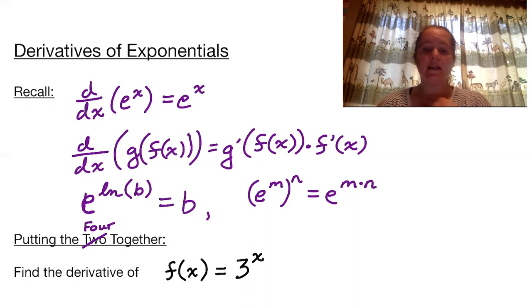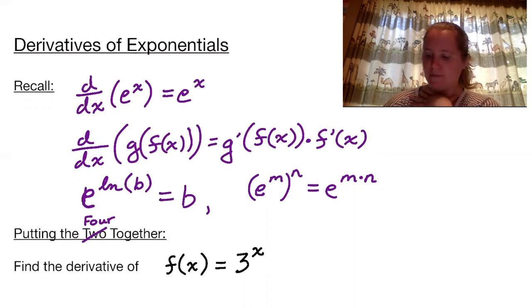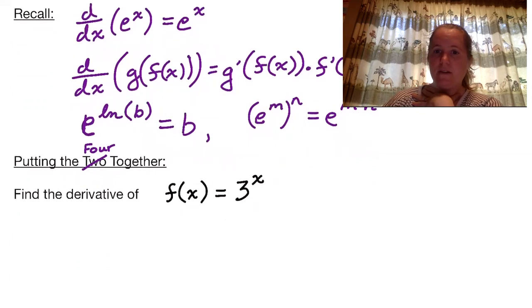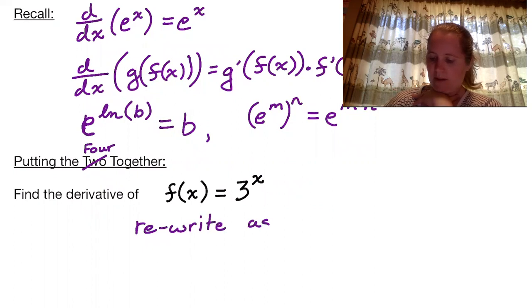So what we need here is to rewrite this in the form of e to the something. That's the only exponential so far that we know how to take the derivative of.